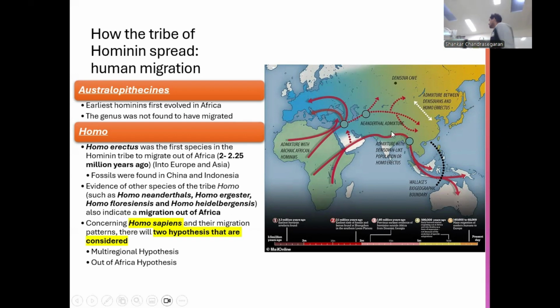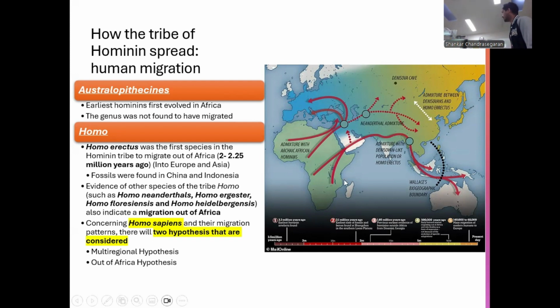So that is evidence showing that this was the first species of our hominin tribe to have left the African continent about 2 to 2.25 million years ago. And we have a theory that they spread around Europe and Asia, as evidenced by the fossils that we found in China and Indonesia.